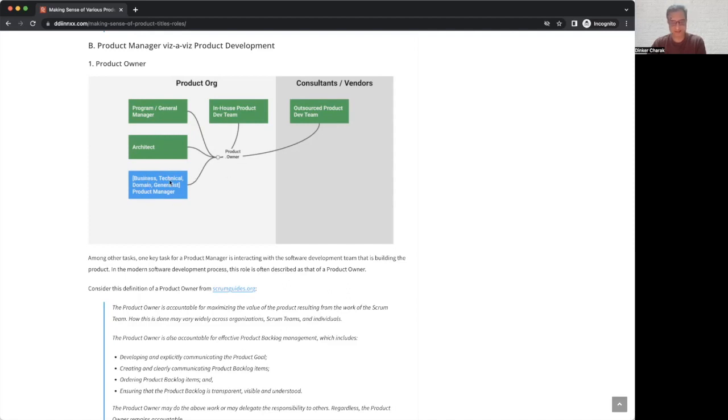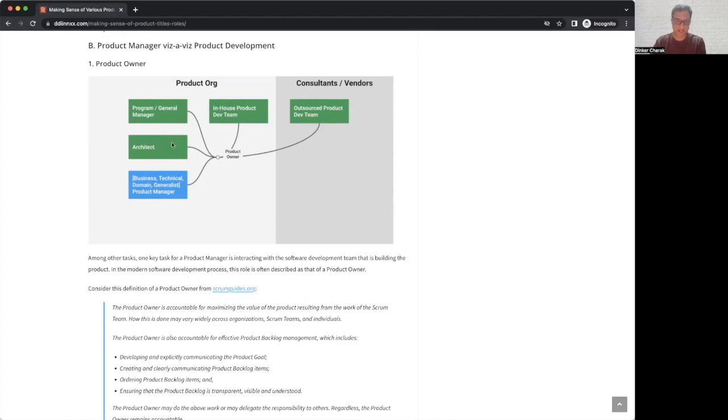I've seen scenarios where the product owner was actually an architect, and there was some other product manager helping run the show, the mechanics and tasks of product management, but the vision of what was being built lay with this architect.